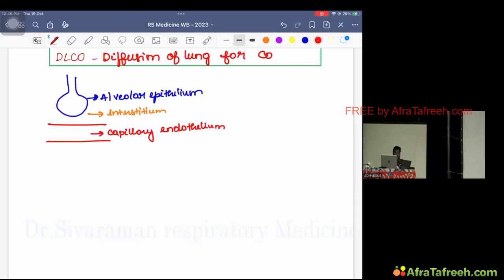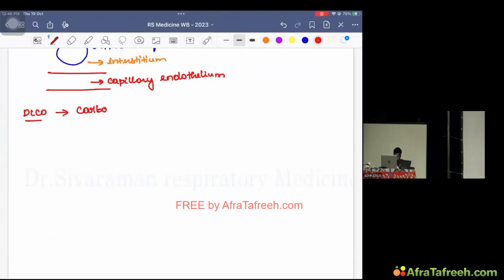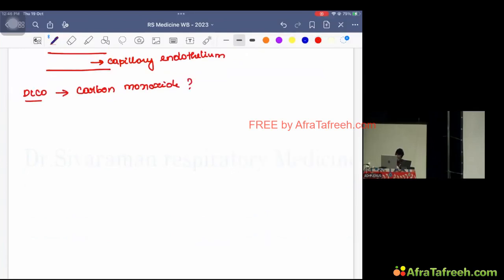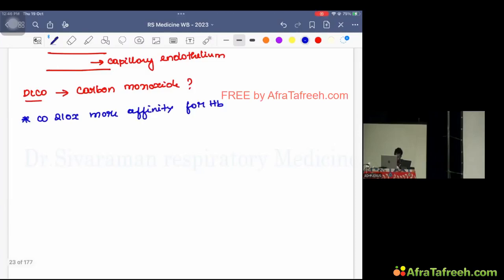Here in DLCO I am going to use an important gas, which is carbon monoxide. Why am I using carbon monoxide? Carbon monoxide has 210 times more affinity for hemoglobin.